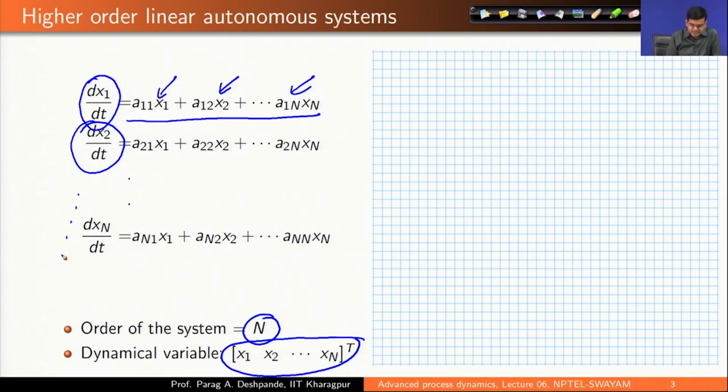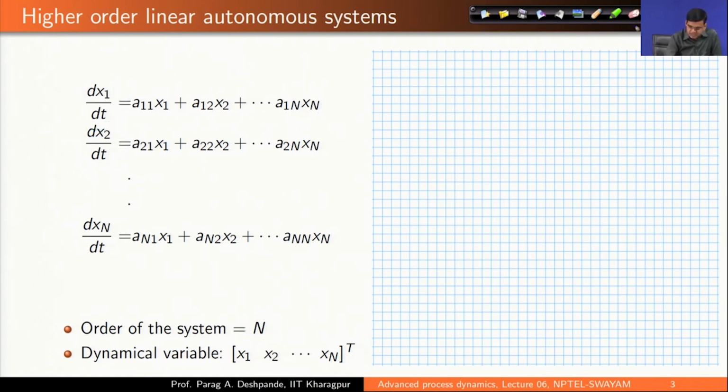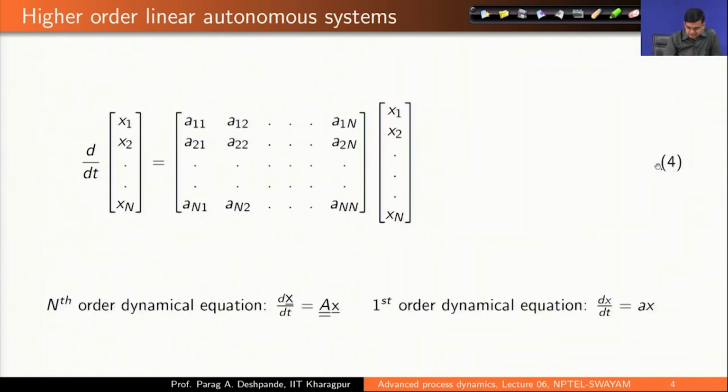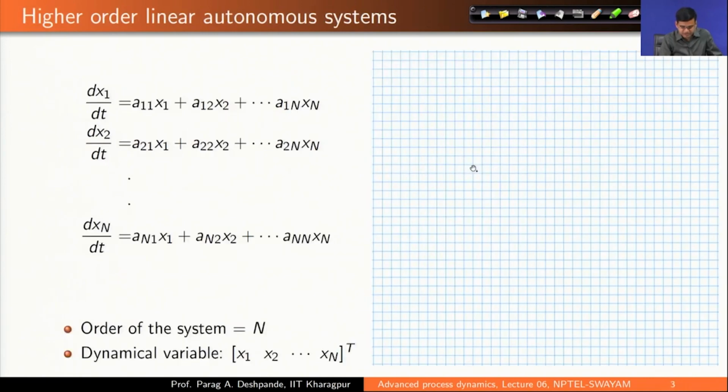Now, if this be the case, I can convert this set of equations to a matrix equation. Okay. So, this is how the matrix equation looks like. So, how would you get this matrix equation? Well, it is not very difficult. So, our original set of equations was this. So, how do I write this?